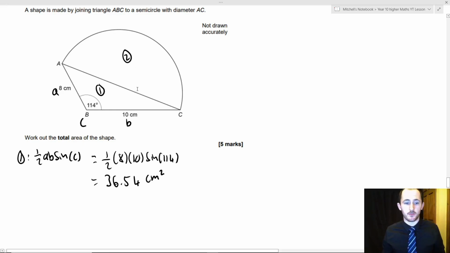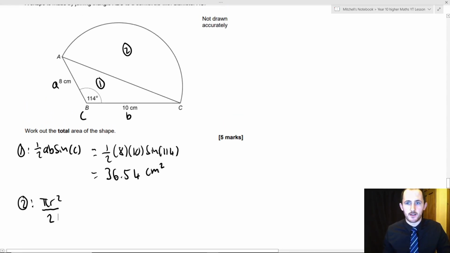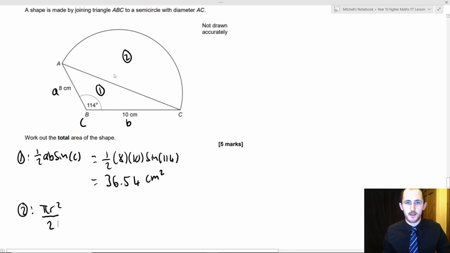It's a semicircle, right? So the area of a circle is pi r squared. If it's half of a circle, so a semicircle, all we do is divide it by 2 because it's just a circle that's in half. I don't know what the radius is yet, but Lila, you've already mentioned this before.